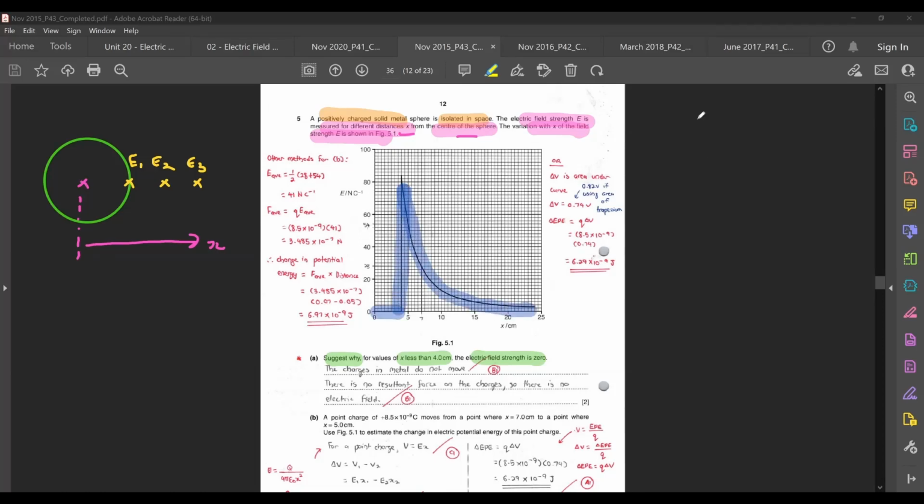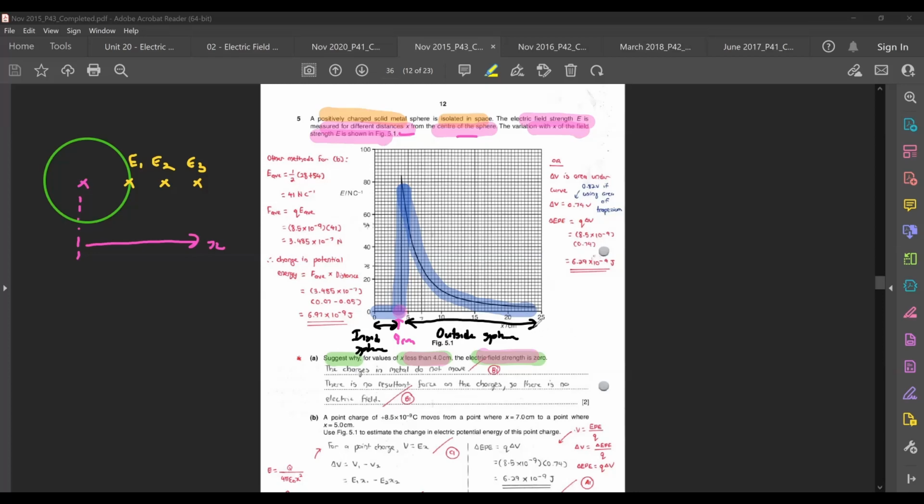You are asked to explain why for x less than 4 centimeter, which is right over here, your field strength is 0. Now, this part where x equals 4 centimeter, you should automatically know is inside the sphere. Whatever is on the other side is outside the sphere.